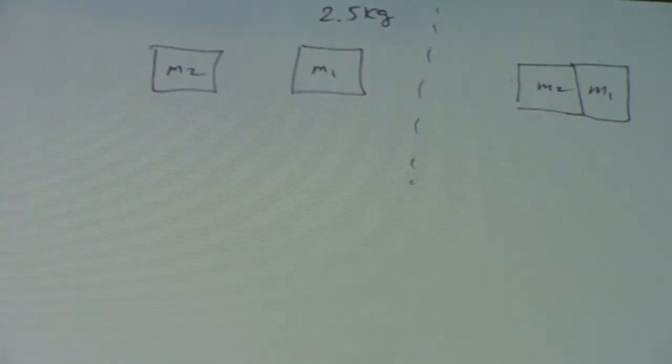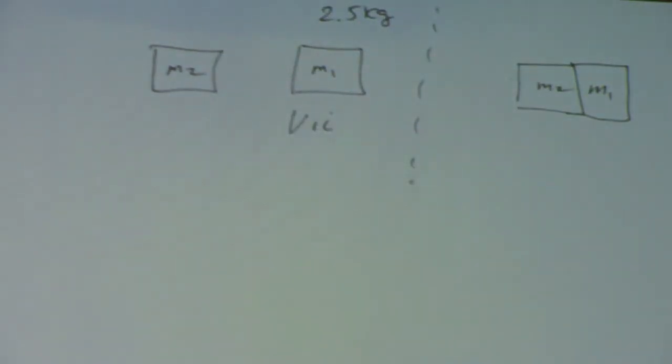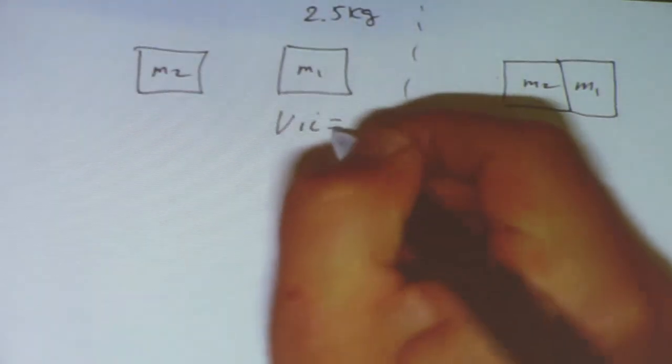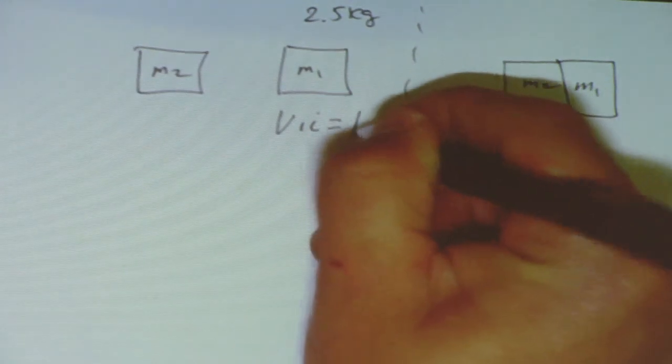And I can write these things down. Okay, mass 1 is 2.5 kilograms. I don't know how much mass 2 is. That's what I'm trying to figure out. So velocity 1 initial means before the collision. Final means after the collision. So this one's moving along at 1.1.